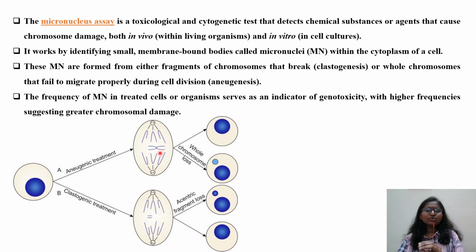In the case of aneugenic treatment, complete loss of the chromosome is taking place. I might not be able to explain it in better words, so I would request you to pause the video, go back and understand this type of damage. What is aneugenicity? What is clastogenicity? This definition should be in your mind to understand this micronucleus assay.